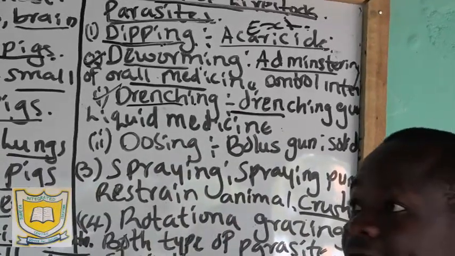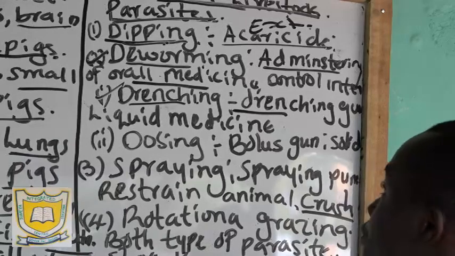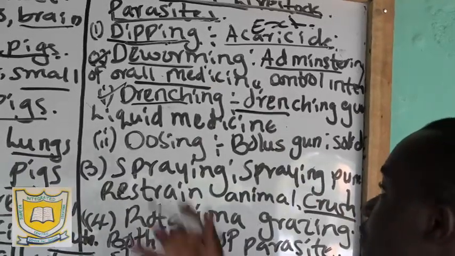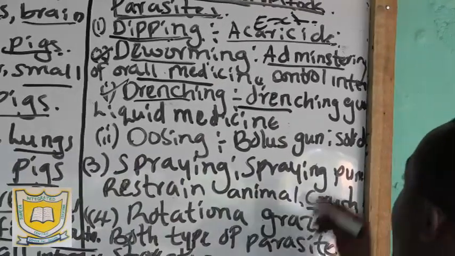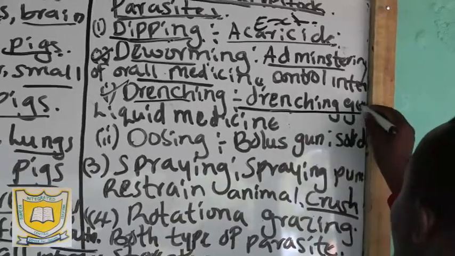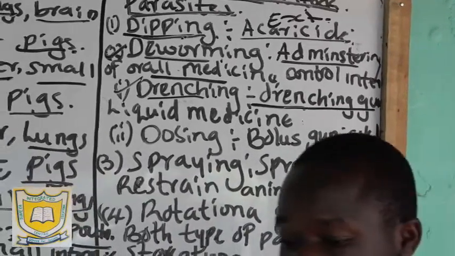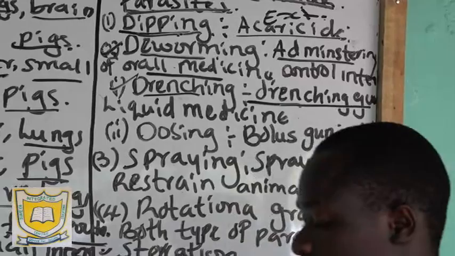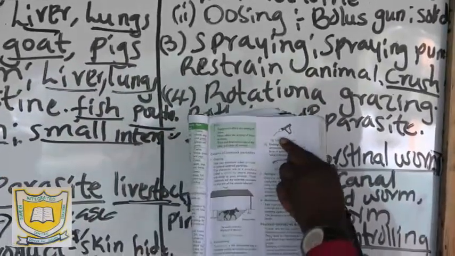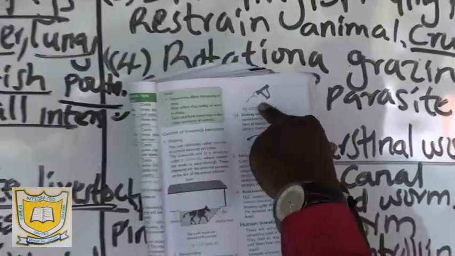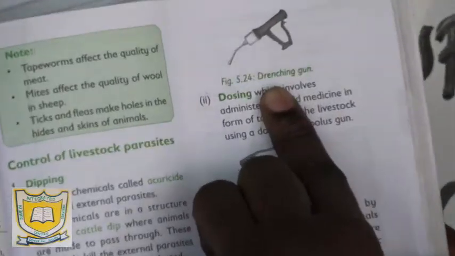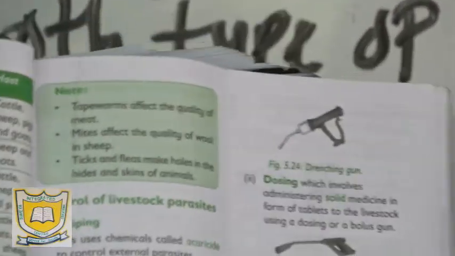The instrument used for carrying out drenching, or giving out liquid medicine, is what we call the drenching gun. Maybe I have not drawn it, but I can use this picture here as an example, which shows a drenching gun. Also, just to sum up, we have dosing.